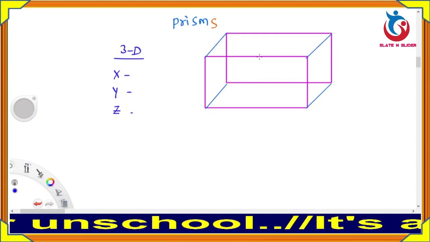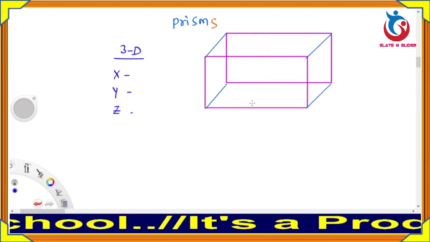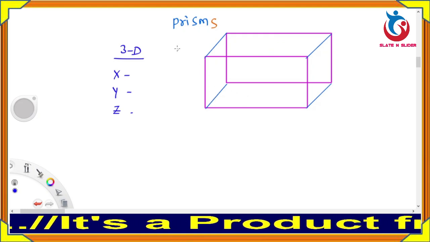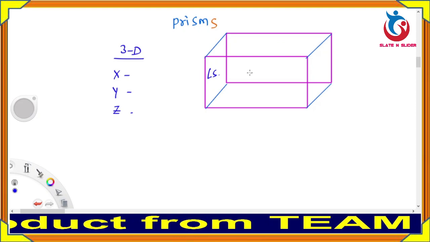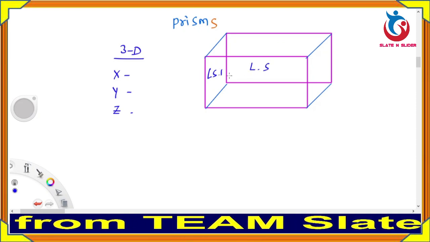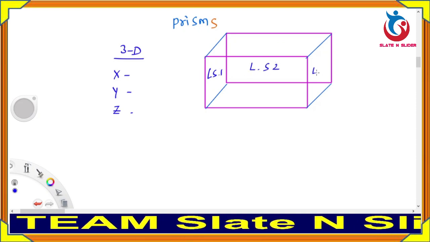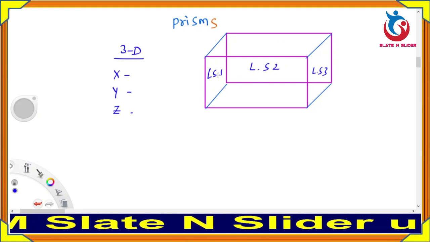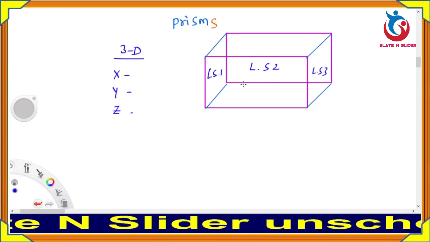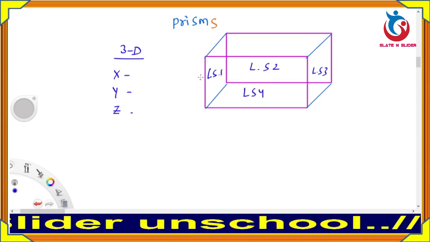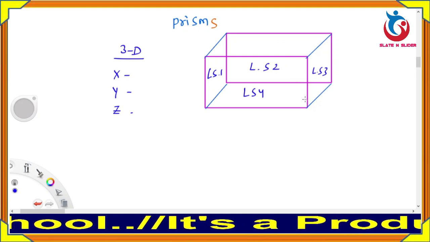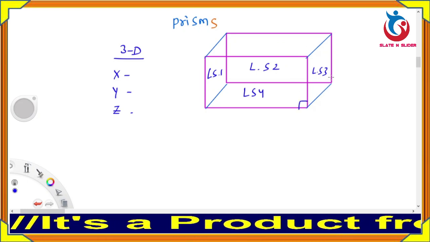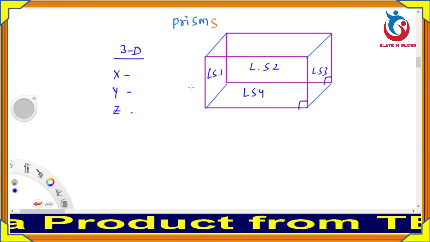The base and the top of the figure are the same, and the lateral faces, that is the side faces: lateral surfaces LS1, LS2, here one more lateral face LS3, and here one more, LS4. These lateral faces are joined with the bottom and the top at right angles, so this figure is called a prism.